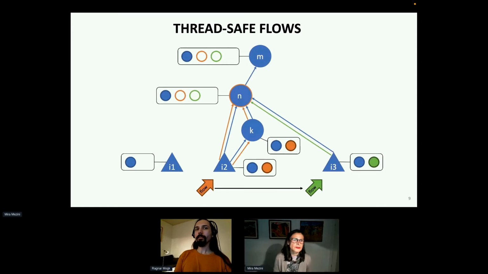It does so, and just for illustration purposes, let's suppose that during the reevaluation of N, the dependencies change. Let's assume we have a conditional in the computation of N, which removes the dependency on I2 and dynamically establishes a new dependency on I1. And just for illustration purposes, assume that now a pink flow starts executing at I1, or starts establishing its execution plan.